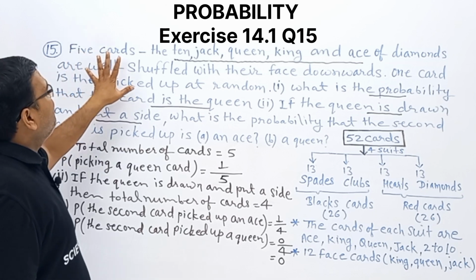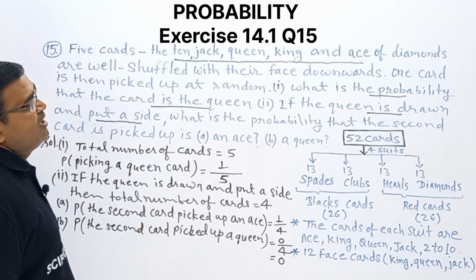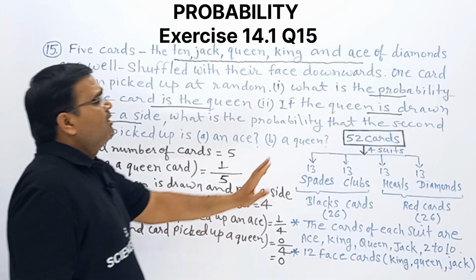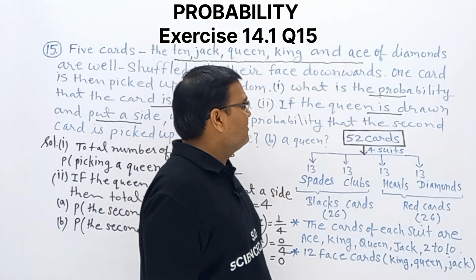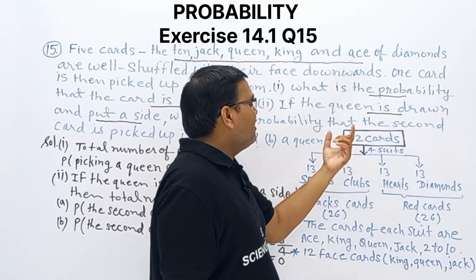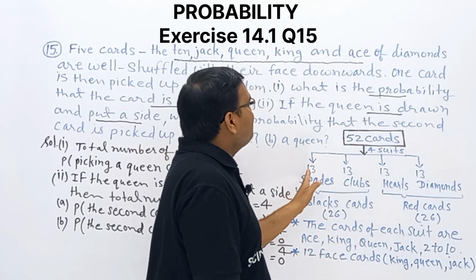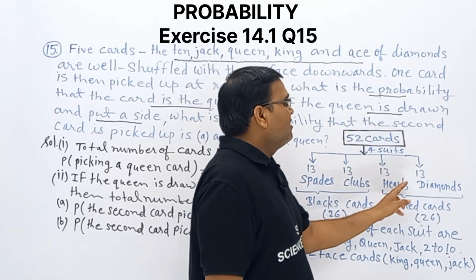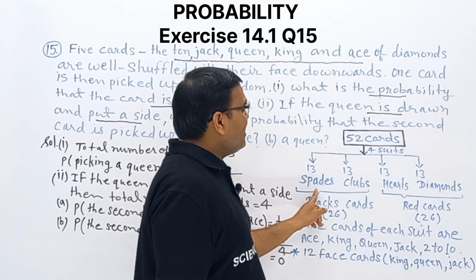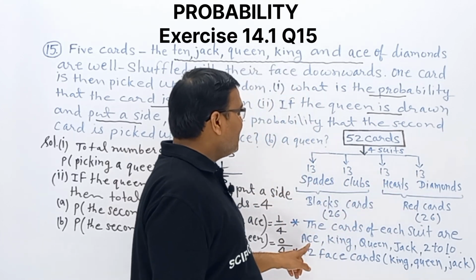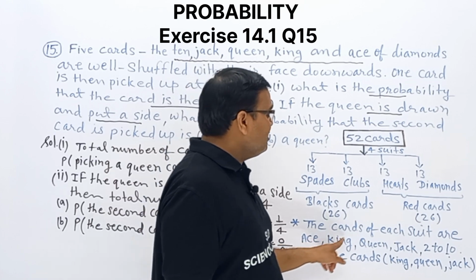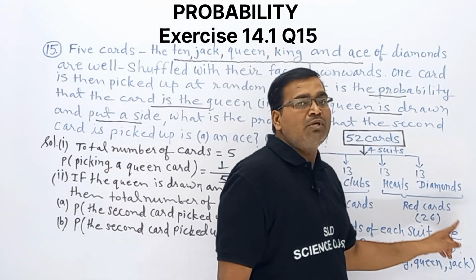Observe again. What about this question? In the question we have 5 cards of diamonds. Observe, in a deck of cards we have 52 cards. In the 52 cards we have 4 suits, each suit having 13 cards, and these suits are spades, clubs, hearts and diamonds. In each suit we have ace, king, queen, jack and the numbered cards 2 to 10.